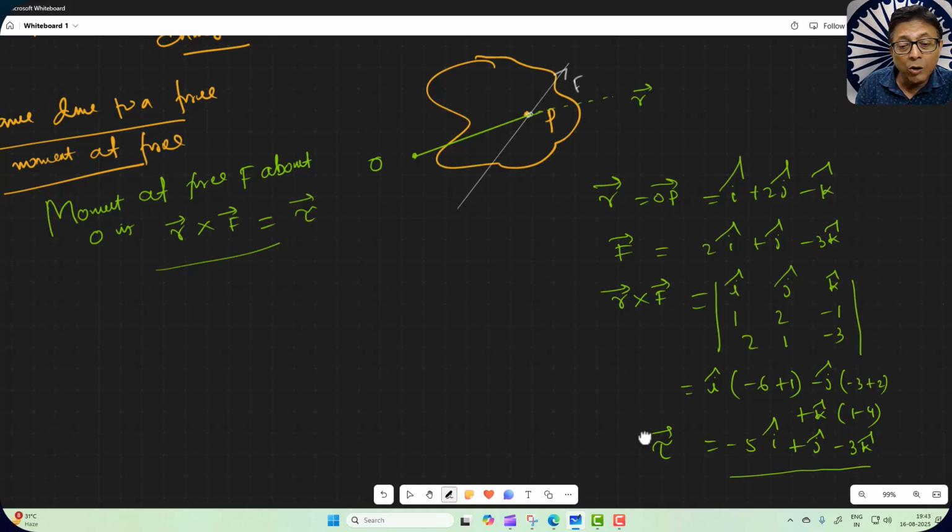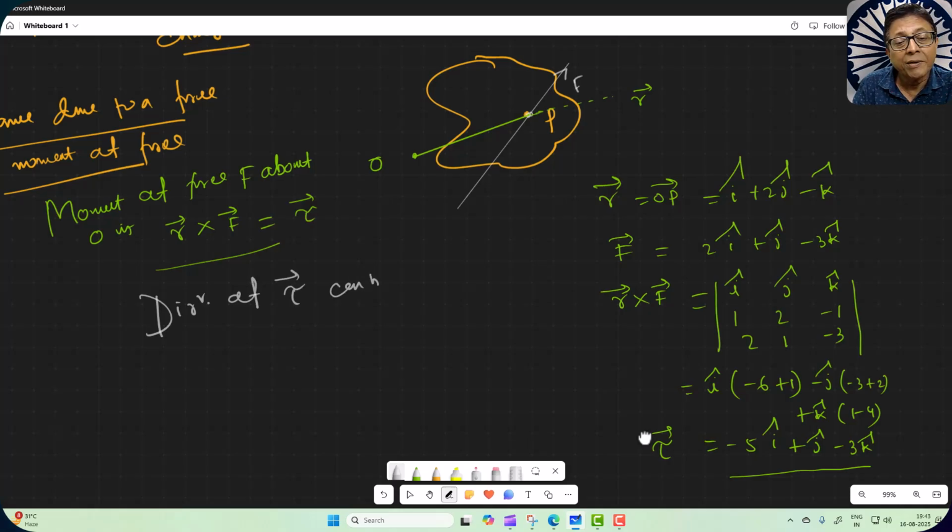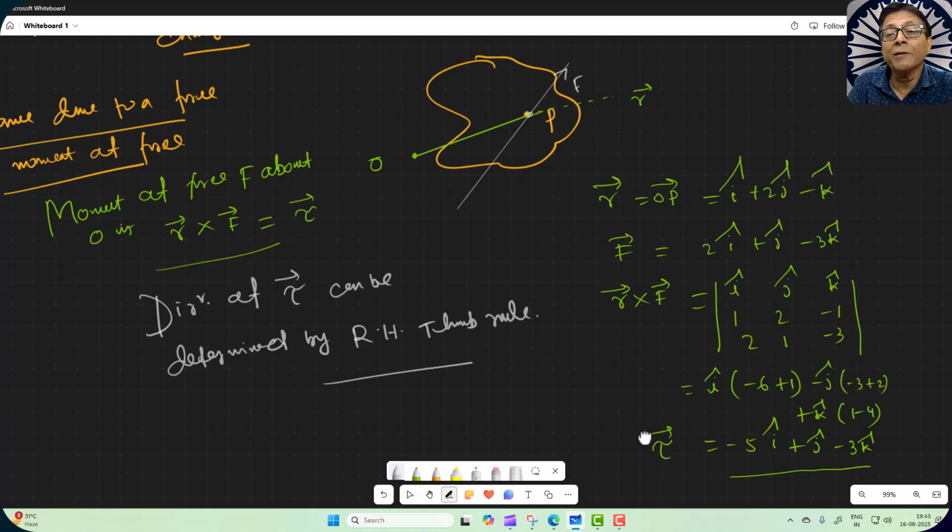And direction of tau can be determined by right hand thumb rule. In the same manner, curl the fingers of your right hand from R to F. Then R cross F will be perpendicular to plane of paper.